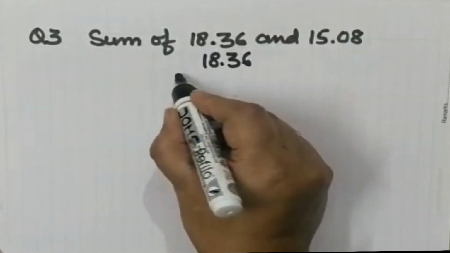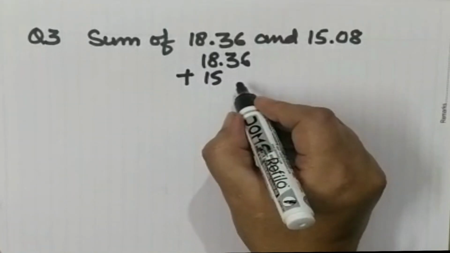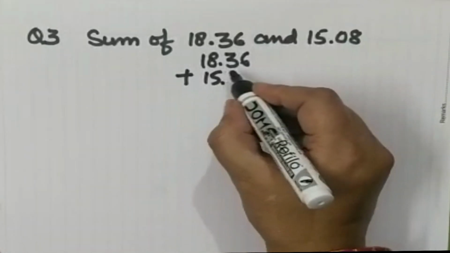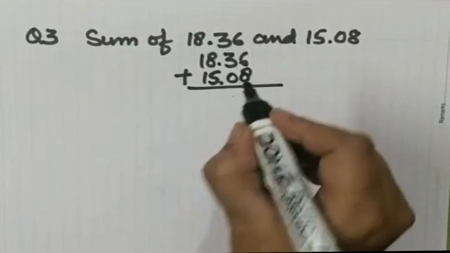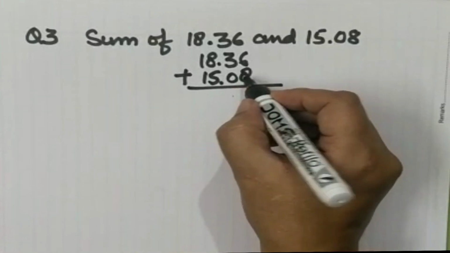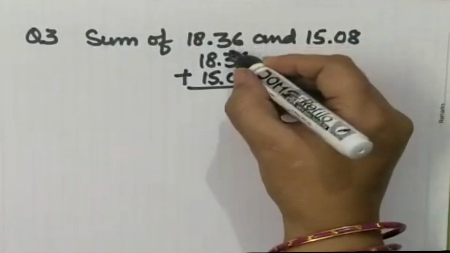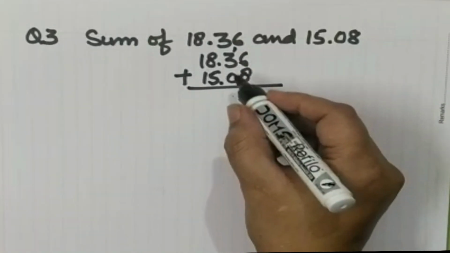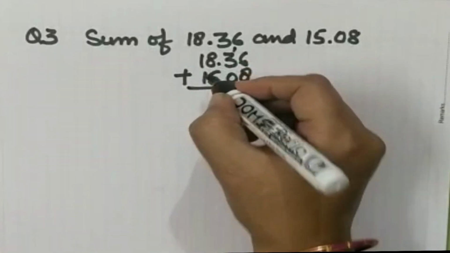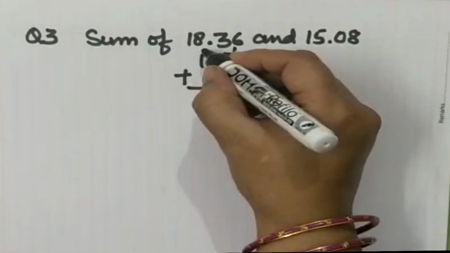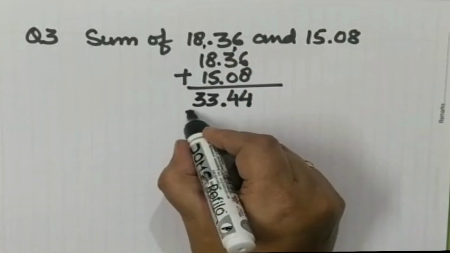18.36. So we have to perform addition between both numbers. So 6 plus 8 is 14. We'll write here 4 as the unit number, and 3 and 1 is 4. We put here the decimal. 8 plus 5, 13, and 1, 33.44.